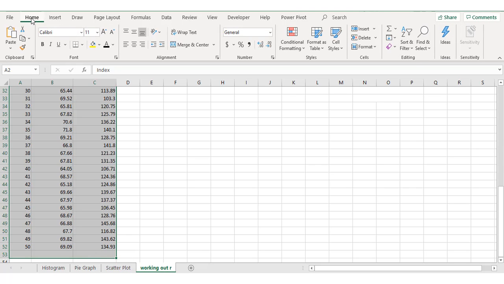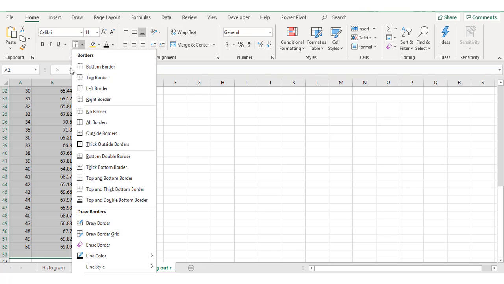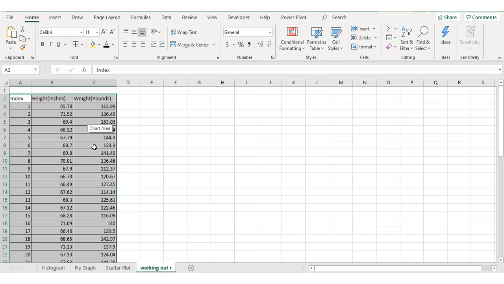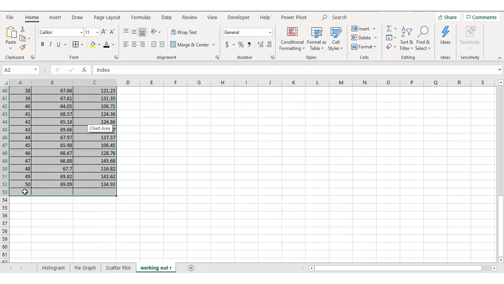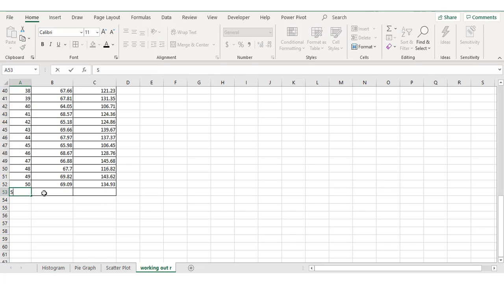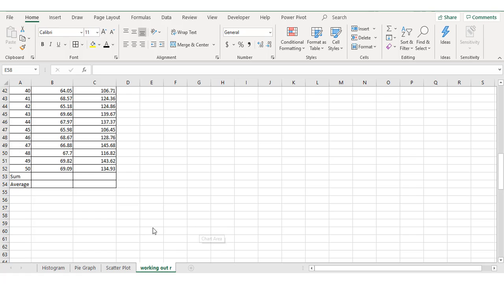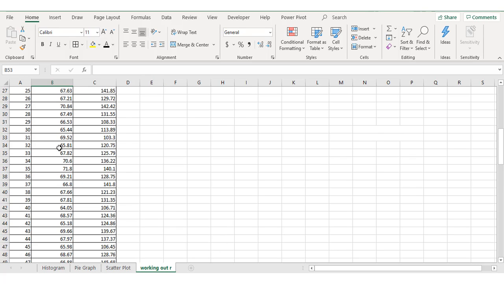And for the table, we need to add borders, add all borders here, so that we can figure out the sum. First of all, I want to figure out the sum of all heights.